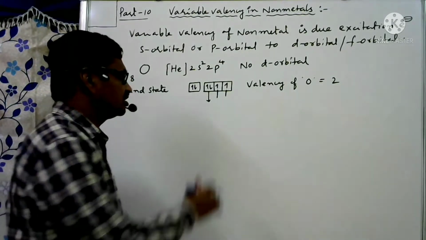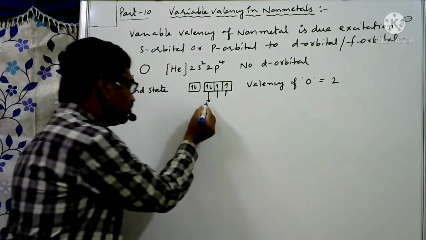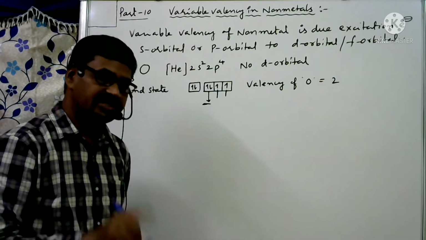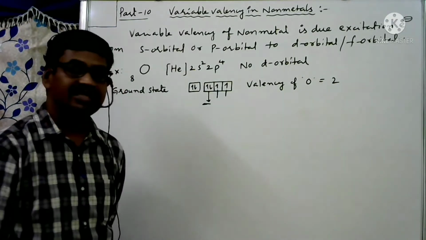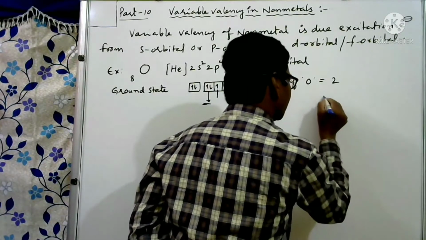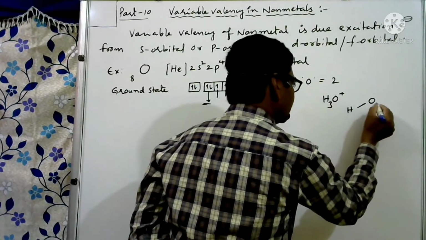So here valency of oxygen is 2. Rarely, in case a coordinate covalent bond is participated, then we can go for 3 for oxygen. Hydronium, H3O plus, is an example. H3O plus means oxygen, here hydrogen, here hydrogen.